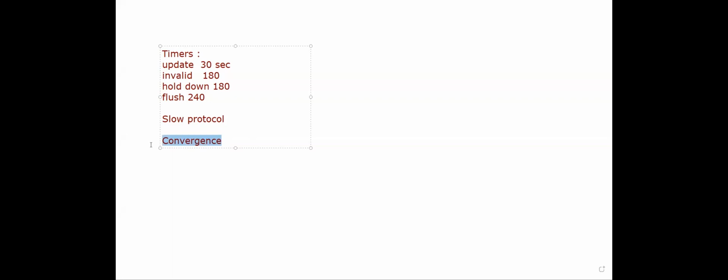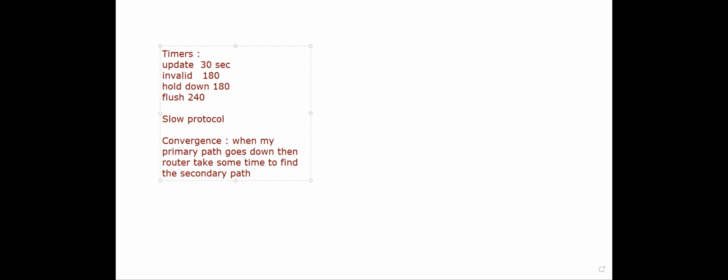Now, what is the meaning of convergence? We need to know about it. So convergence is like path convergence. When I give you an example, when my primary path goes down, the router takes some time to find the secondary path.